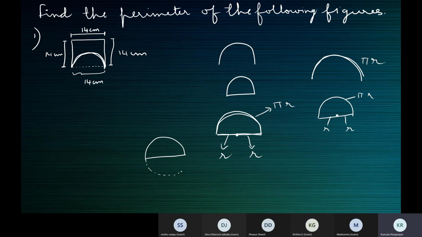Now tell me, is it the diameter or radius? That's the diameter. Can you make out where I'm annotating? Yes, that's a diameter. Diameter is 14. What is r? 7 centimeters. It's 7, not 14. 14 is the diameter and the radius is 7.